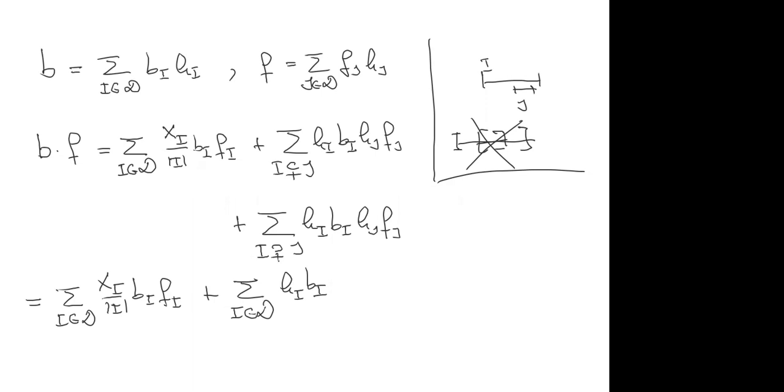So what I pick up here is just the average of f over J. And then for the last term, it's exactly the other way around. Then I will get an h_I, I'm sorry, here this is an I.